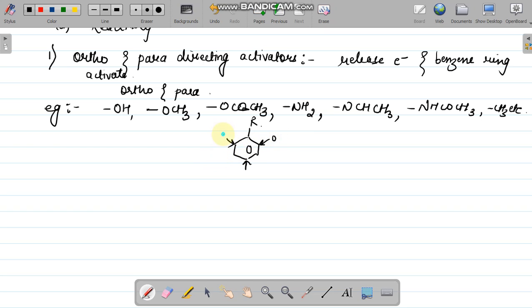These are the ortho positions and this is the para position.